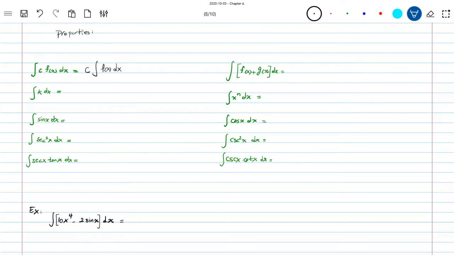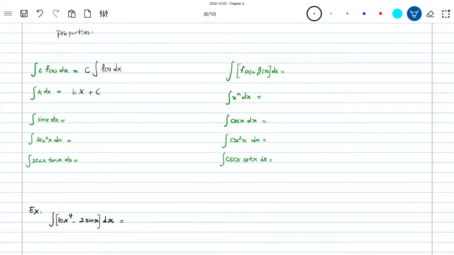It's the same idea as the derivative. What is the antiderivative of k dx, where k is a constant? It is simply k times x, because the derivative of kx is simply k, if k is a constant. But we should add a constant c. Do not forget this constant c.